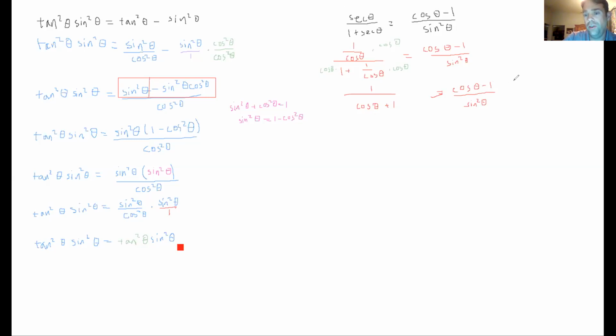On the other side, I notice that I have that cosine theta minus 1 in my numerator. So if I want to make that cosine theta minus 1 show up in my numerator on my left side, I've got to multiply top and bottom by it. I'm going to use the context clues of what I see on the right side to make that show up on the left side.